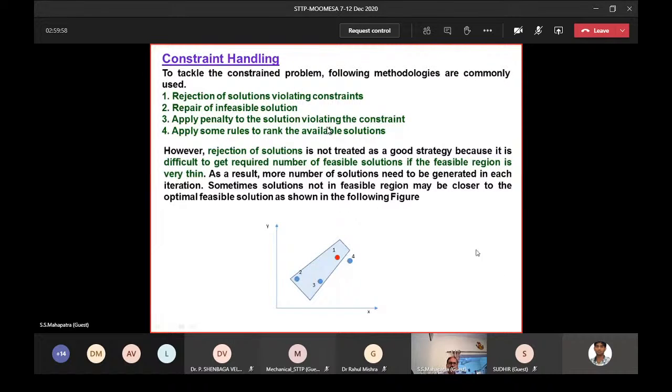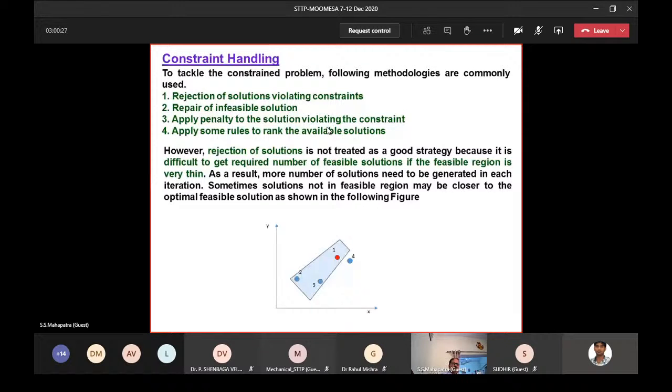Solution 1 is one of the best solutions, and solution 4 is violating the constraint. So the solutions which are not violating the constraint we put in this box: solutions 1, 2, 3. Solution 4 is violating the constraint, so that was set aside.